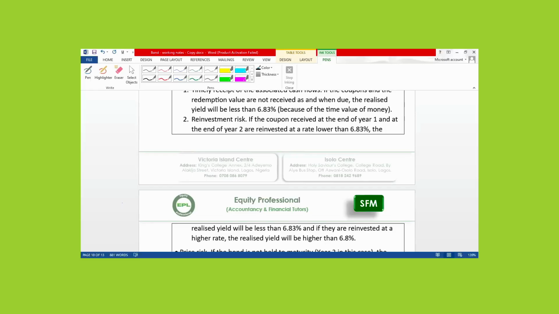Failure to reinvest at the rate of the yield to maturity will affect the realized yield.